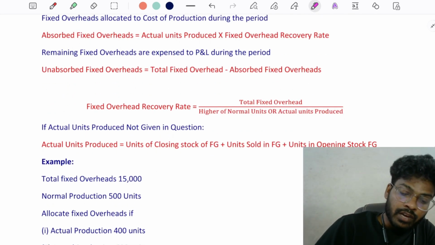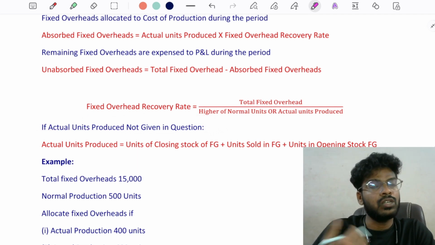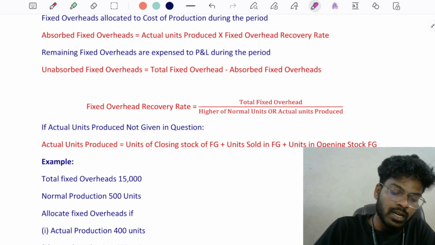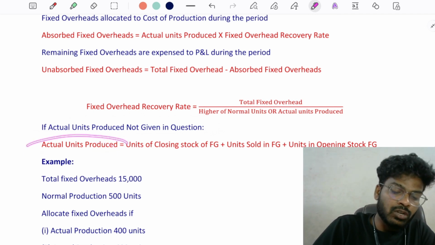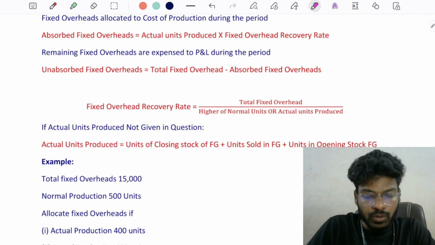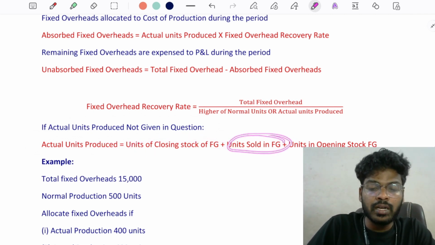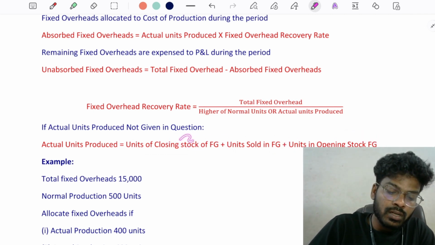If total units produced is not given in the question, how do we find the actual units produced? Actual units produced equals units of closing stock of finished goods plus units sold minus opening stock of finished goods.